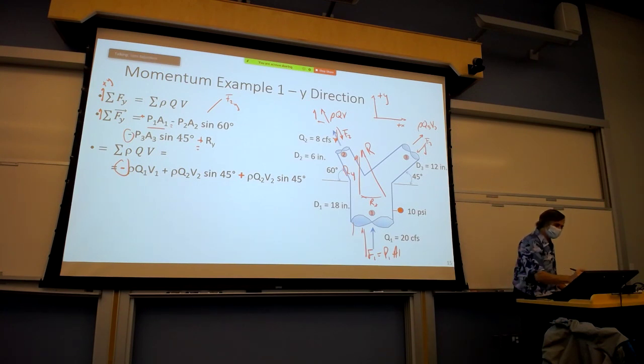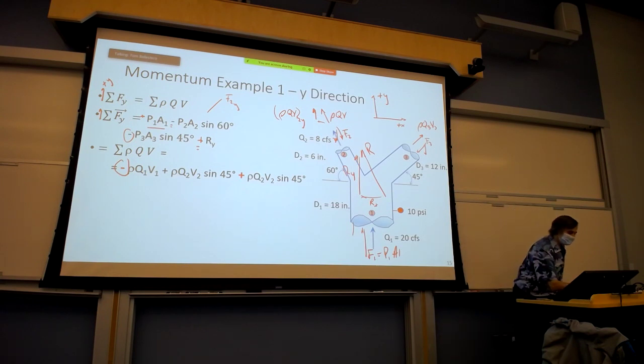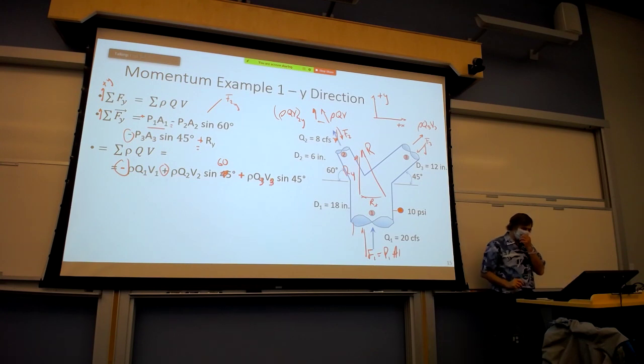For location 2, this is rho Q V2y. And so we see it's leaving, that's a positive sign, and the y component of the velocity vector at location 2 is also with a positive y, hence the positive sign. That should be a 3, that should be 60, that should be a 3.